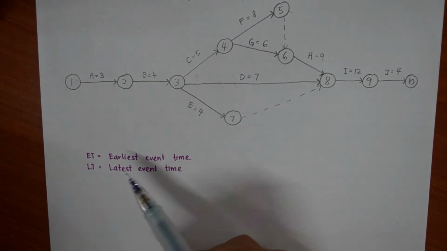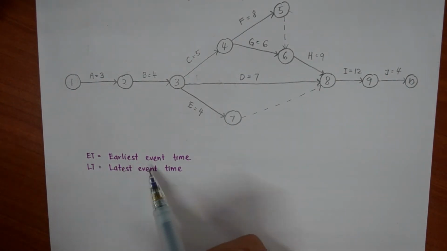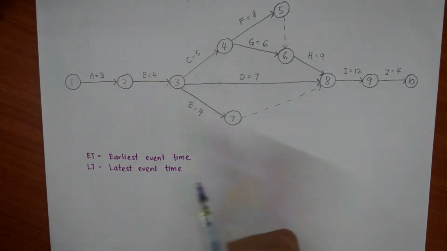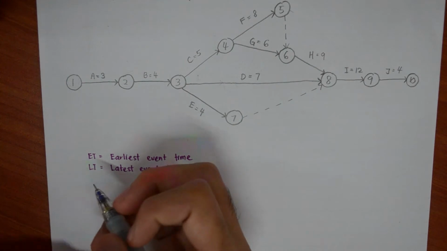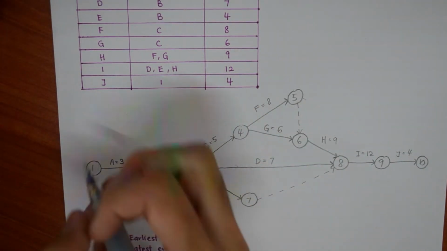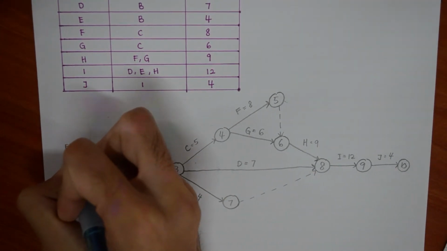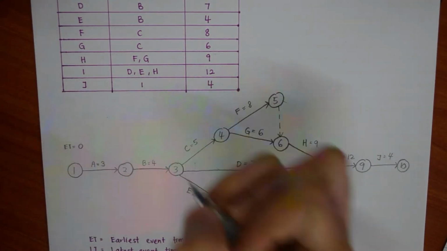So now we are calculating ET and LT. ET stands for earliest event time and LT stands for latest event time. So for the first node, the ET will always be 0. So ET equals 0.